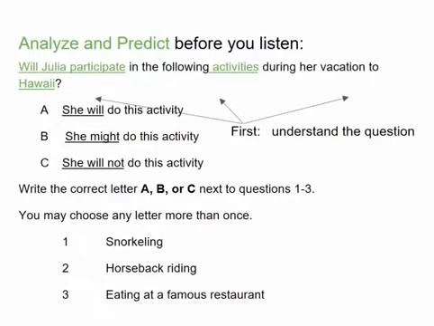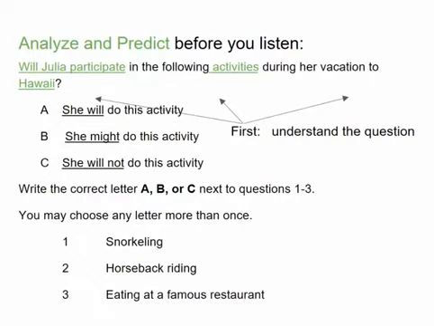So we need to keep in mind that we're only listening for Julia's activities in this question set. Also, do we know that Hawaii is the only vacation we're going to be hearing about? Maybe there are going to be other vacations discussed, and we need to keep that information straight as well. So that's why I underlined, will Julia participate? Activities in Hawaii, because we need to keep straight that this is the specific information we're supposed to listen for.